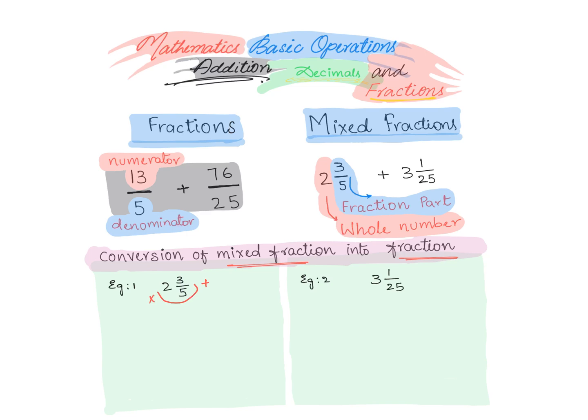So now what we need to do is 2 is to be multiplied by 5. Thereafter it has to be added to 3. Clear? It goes like this: 2 into 5 plus 3. Is it clear? So let us do that.